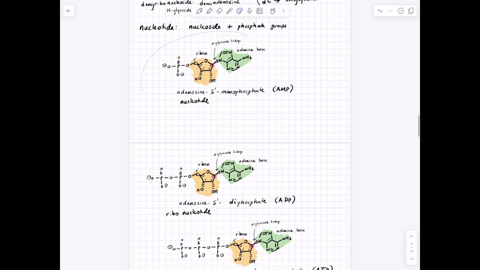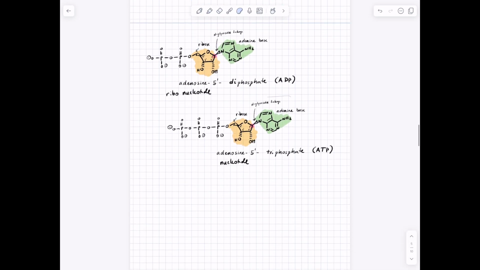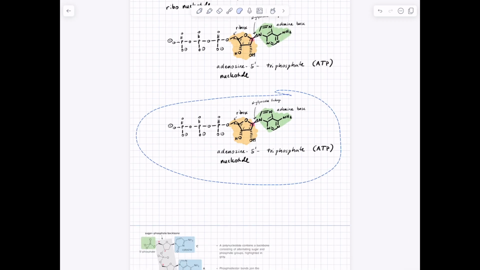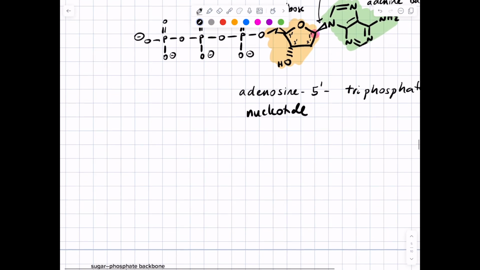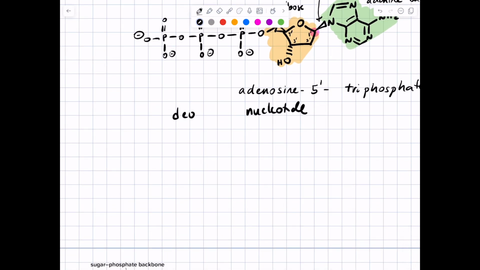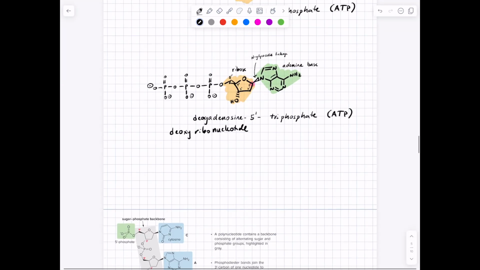So, for example, we could take this ATP, and if we remove the 2' hydroxyl, we now have a deoxyribonucleotide, and that would be called deoxyadenosine 5' triphosphate, or dATP.